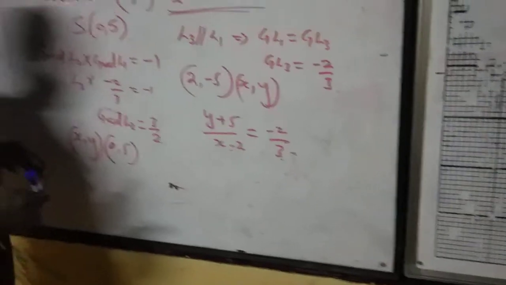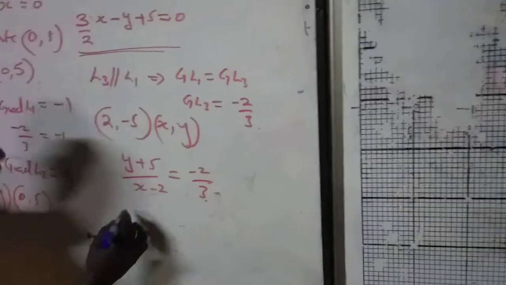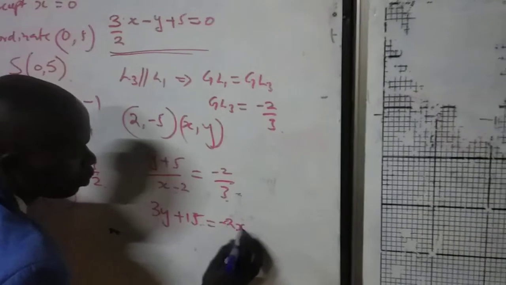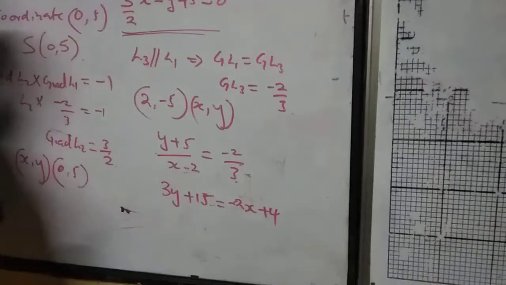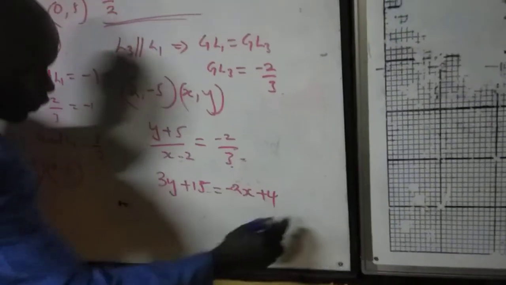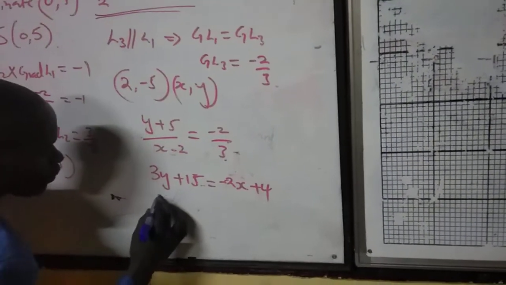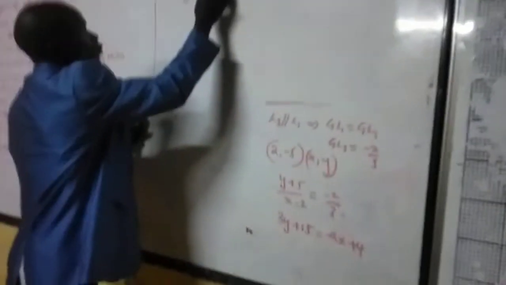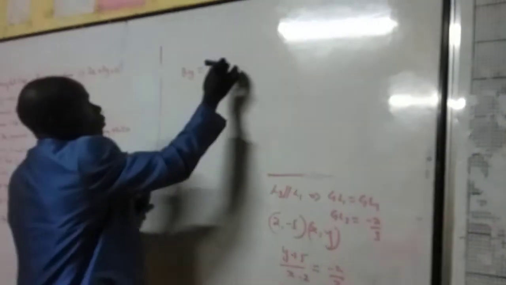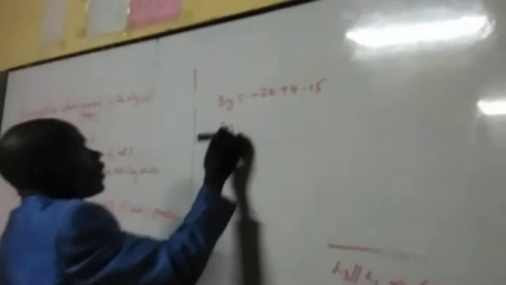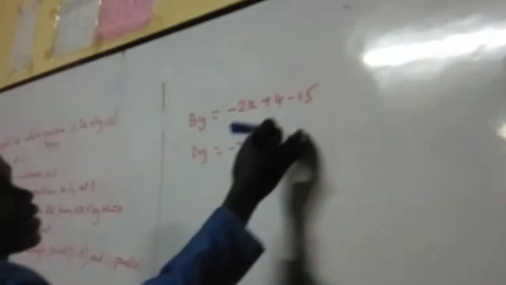We cross multiply, then we have 3y plus 15 is equal to negative 2x plus 4. And therefore, we take 15 the other side, so that we have 3y is equal to negative 2x plus 4 minus 15, and that is 3y is equal to negative 2x minus 11.